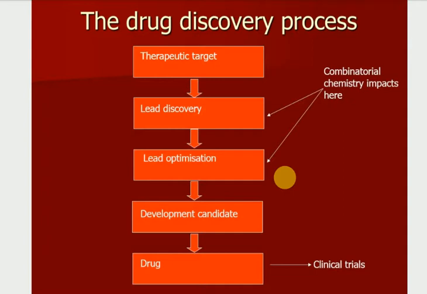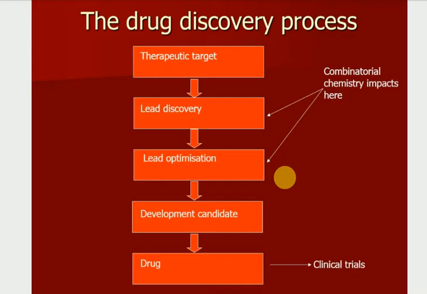So how could we optimize it? Well, we might want to say, what if we change this bit here? And what if we add things here? And what if we add a bit here? And what if we fluorinate here? And what if we do all of that at the same time? So if we're interested here and here and here, and we've got, let's say, 10 different things we can put there, 10 different things we can put there, 10 different things we can put there, and 10 different variants of fluorine we can put there, let's do all of that together at the same time.